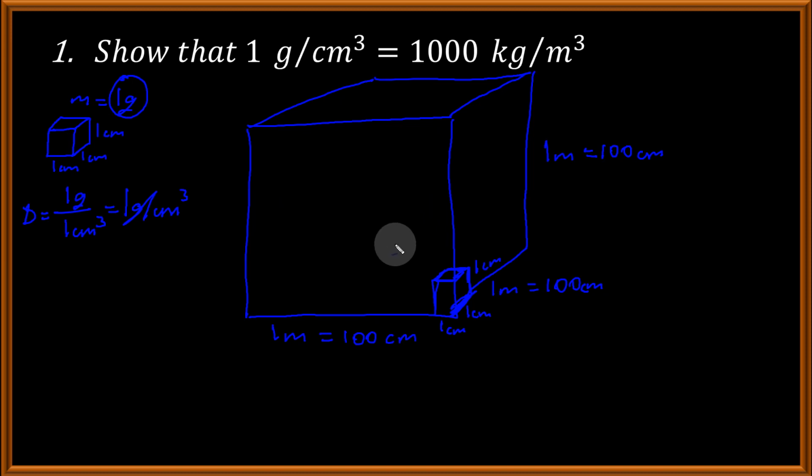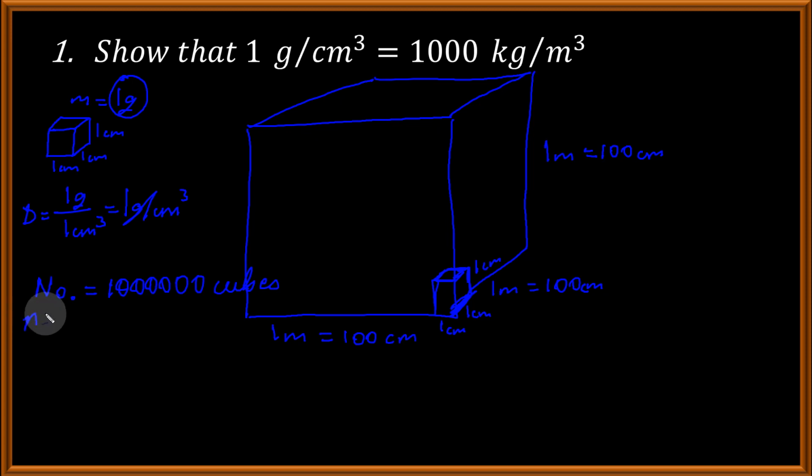Of course, it's possible to tell that the number of small cubes that are going to fit inside will be 100 times 100 times 100. We are going to have 1 million small cubes.